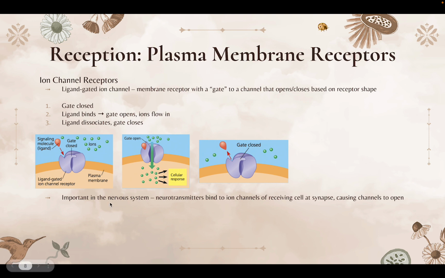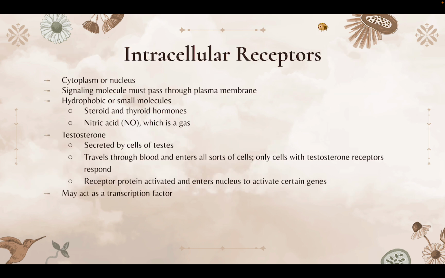This is really important in the nervous system because neurotransmitters are going to be those ligands that bind to these ion channels at the synapse, and that's going to cause channels to open. This is a great way to cause responses within the cell.